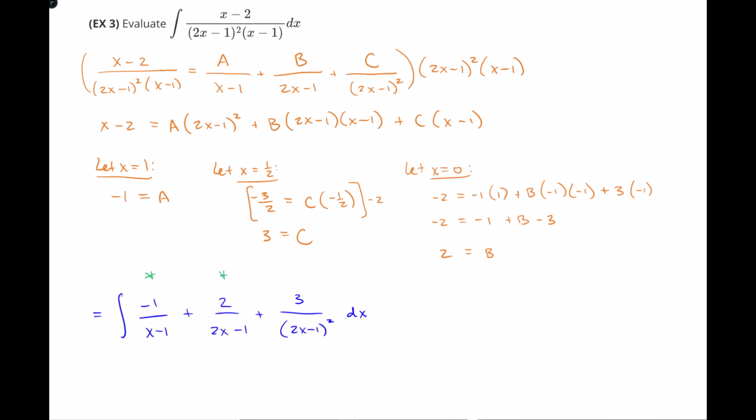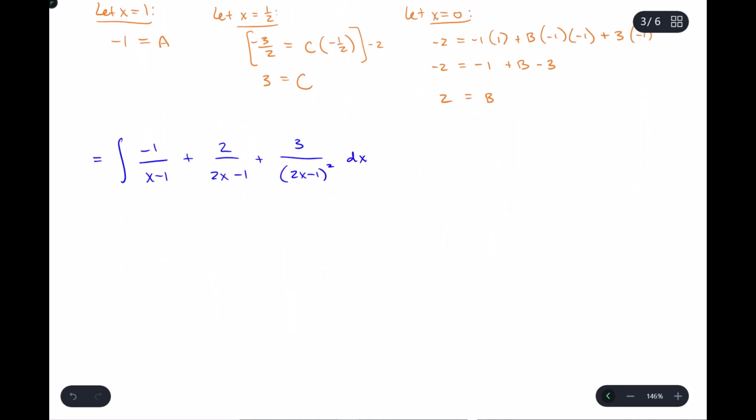So these first two terms, no big deal. This third term, however, is a little trickier because it's a square in the denominator and not a linear. So the log rule doesn't apply. But I think actually u substitution does. So it's not that much more difficult, but it's not as easy as the log rule. So we'll just walk through the steps.